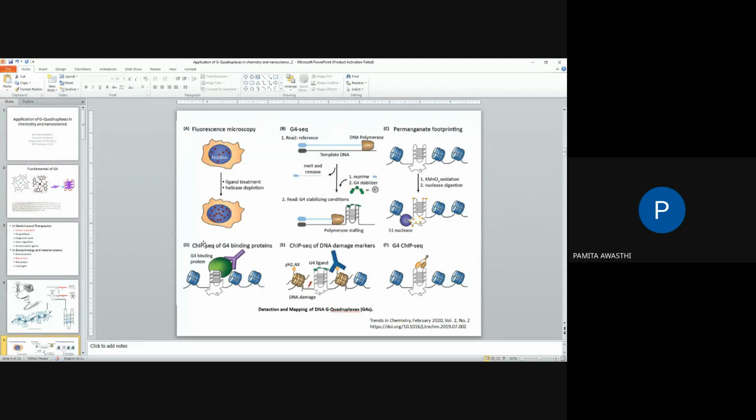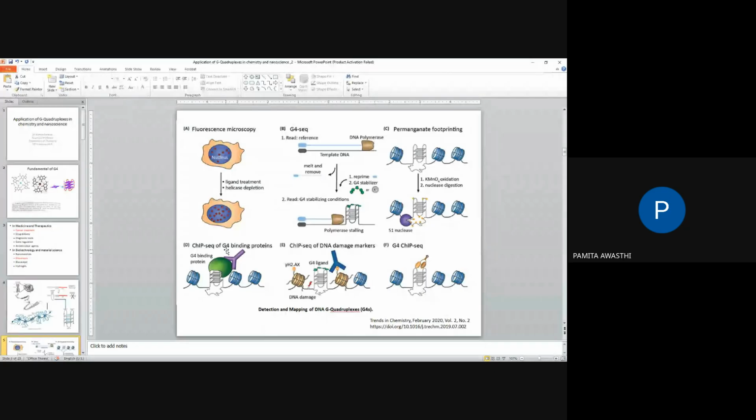So what does this ChIP sequencing mean? This is chromatin immunoprecipitation, which is commonly used to detect the interaction between the protein and the DNA in a native chromatin context.